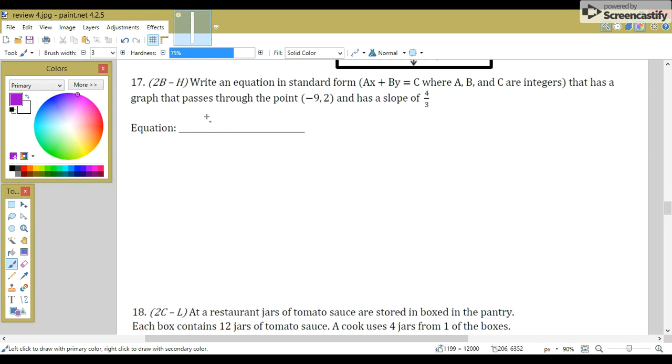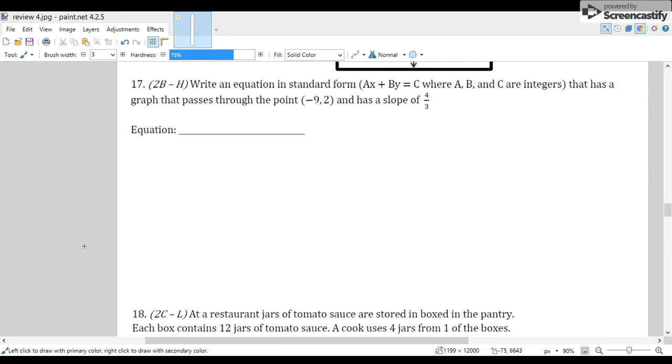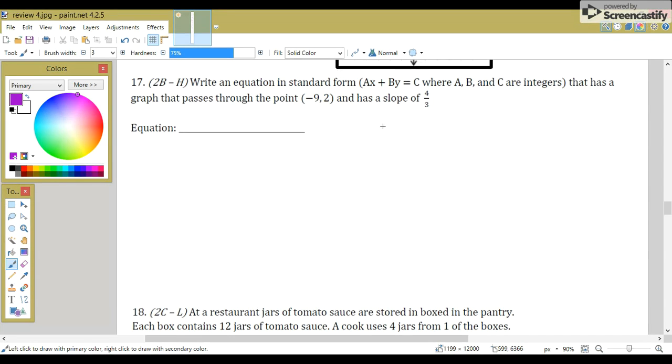17. 2b. Write an equation in standard form, ax plus by equals c, where a, b, and c are integers, that has a graph that passes through the point -9, 2. It has a slope of 4/3. So first we want to write it in point-slope form.